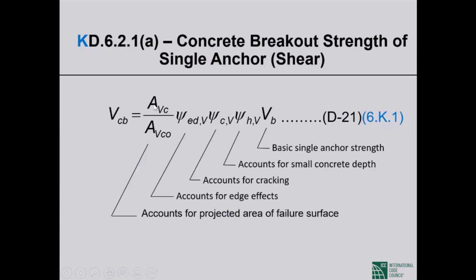A sub B is then the projected area of the failure surface of a single anchor in shear, considering spacing and edge distance. A sub B0 is the projected area of the failure surface of a single anchor in shear, now not considering edge distance or spacing. This is the correction factor for edge distance.